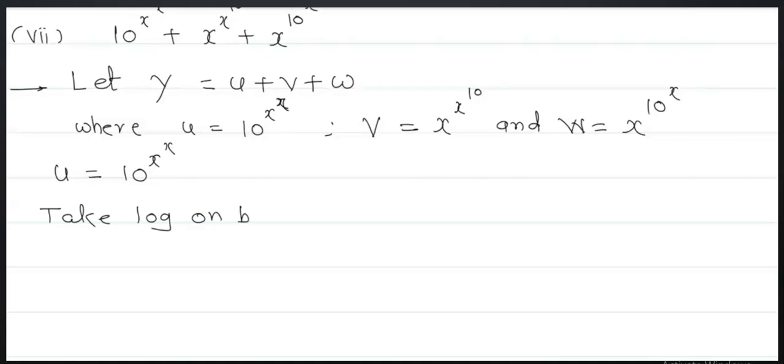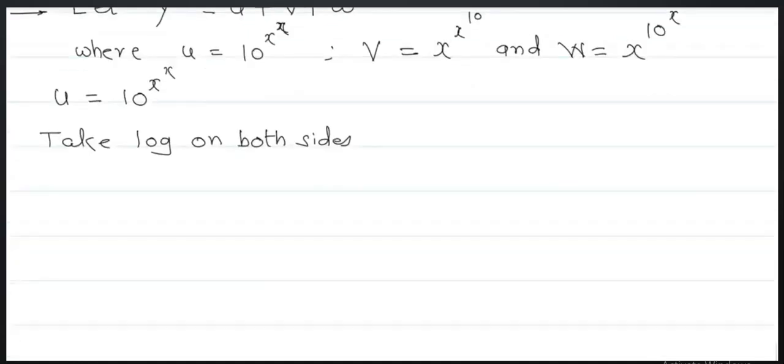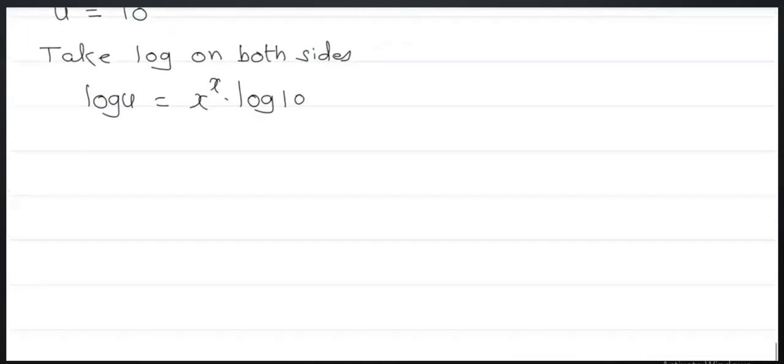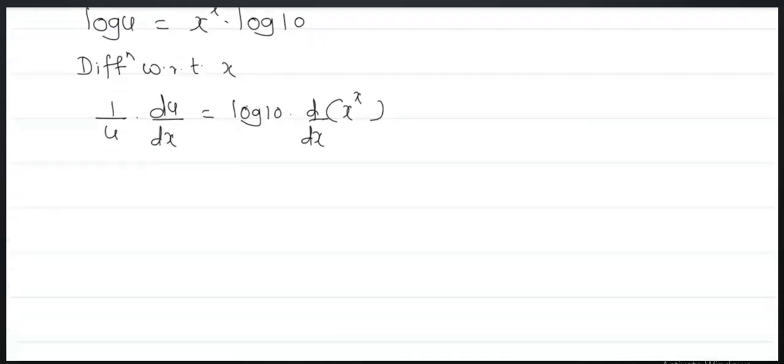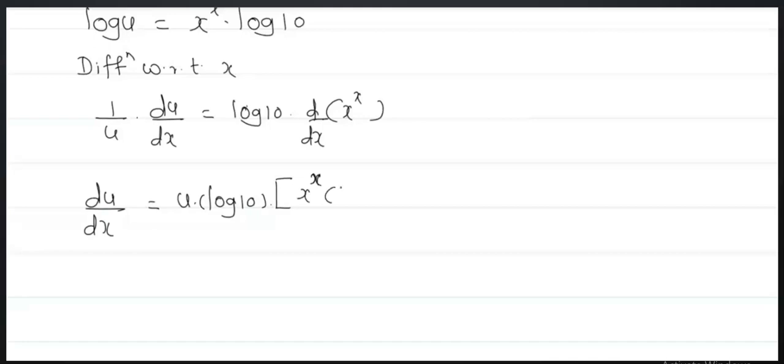U is equal to 10 raised to x raised to x. Take log on both sides. Log of u is equal to x raised to x log of 10. Therefore, differentiate this with respect to x: 1 upon u du by dx equals log of 10 into d by dx of x raised to x. Therefore, du by dx is equal to u into log of 10, and the derivative of x raised to x is very common now: x raised to x in bracket 1 plus log x.